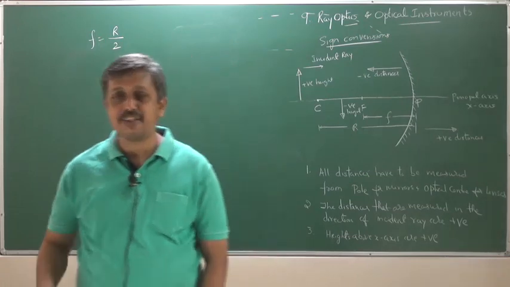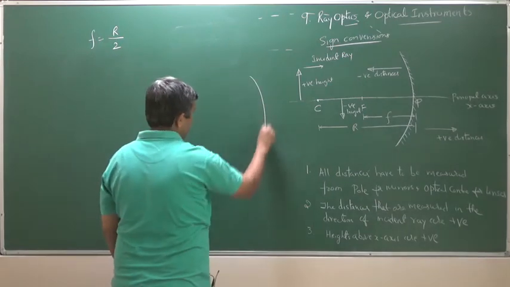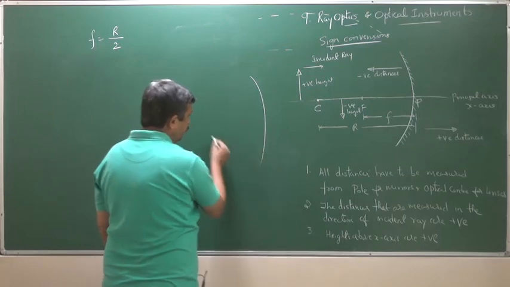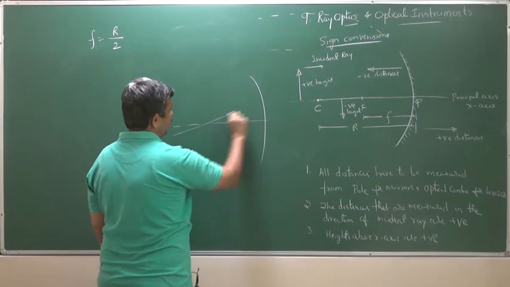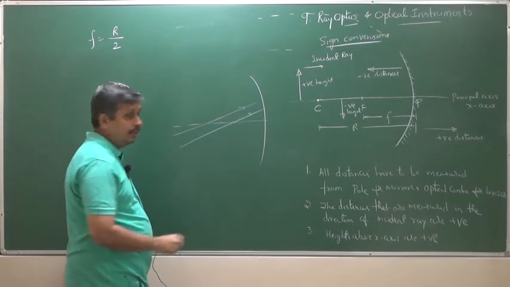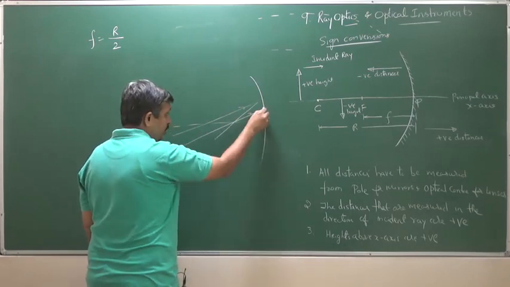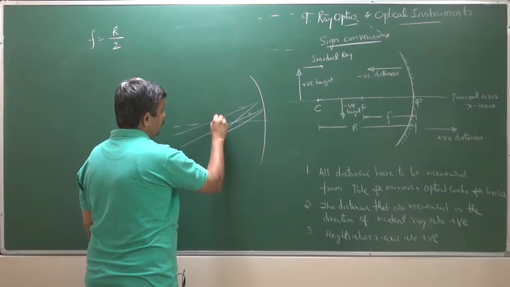So if you take a mirror and send some paraxial rays like this, for example, two rays, it forms an image at f.